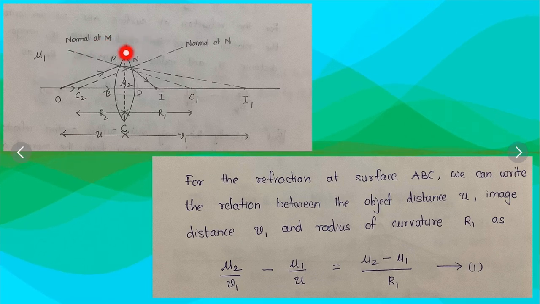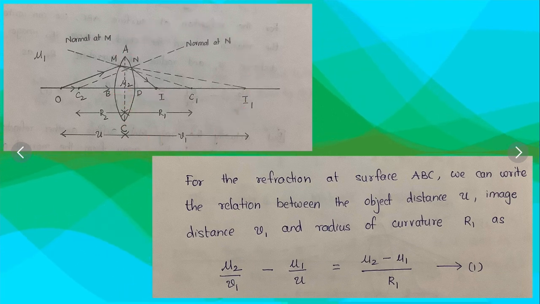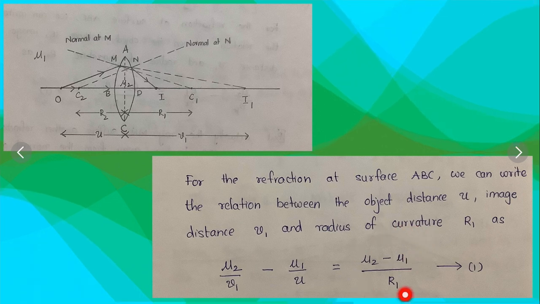So for this first surface ABC, O is the object, I1 is the image, object distance is u, image distance is v1, and radius of curvature is R1. Let us substitute in the equation which we derived in our previous video: mu2 by v1 minus mu1 by u is equal to (mu2 minus mu1) by R1. Let it be equation number 1.